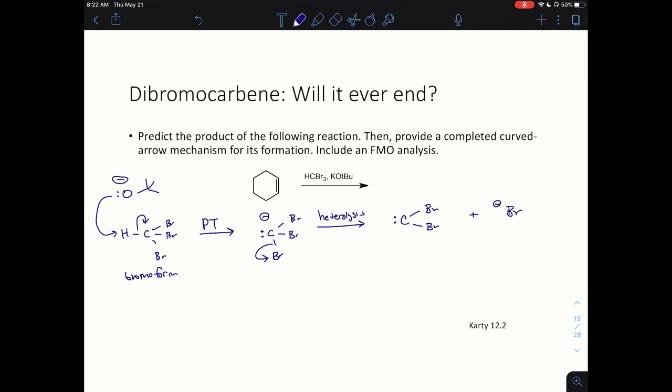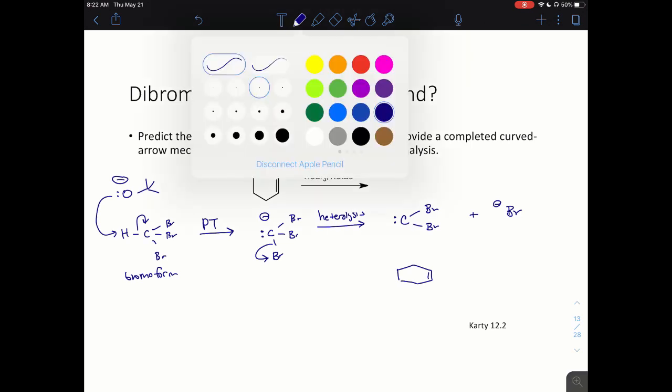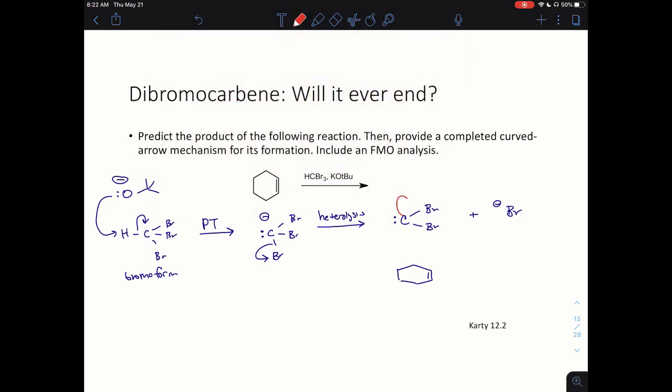Cool. And then the dibromocarbene will behave the same way that all the other carbenes behaved. It does have an empty p orbital to accept electrons. And it will react with the alkene.